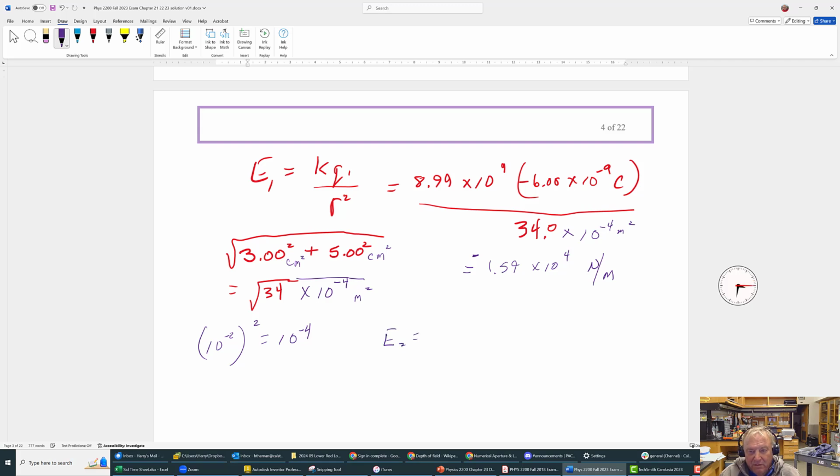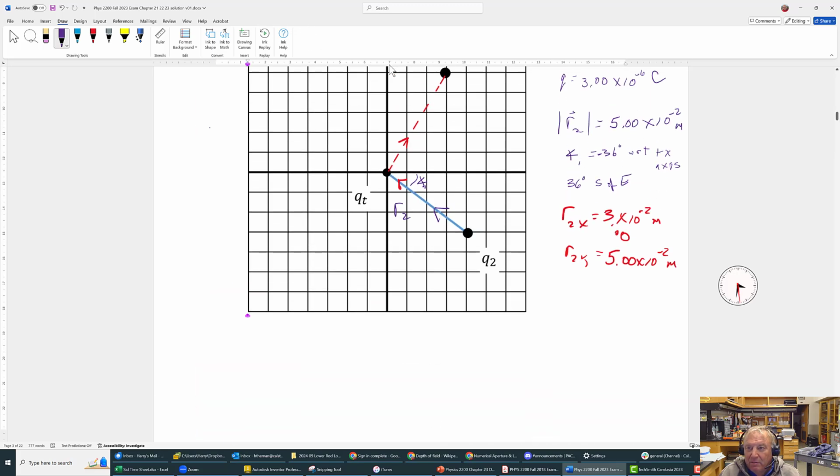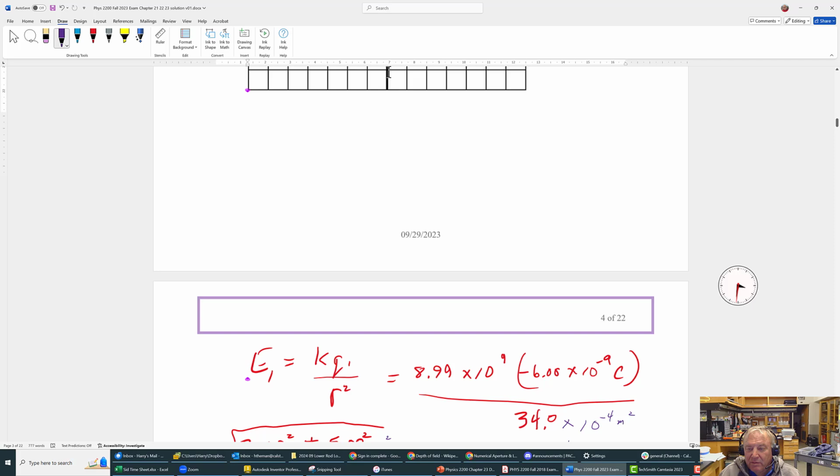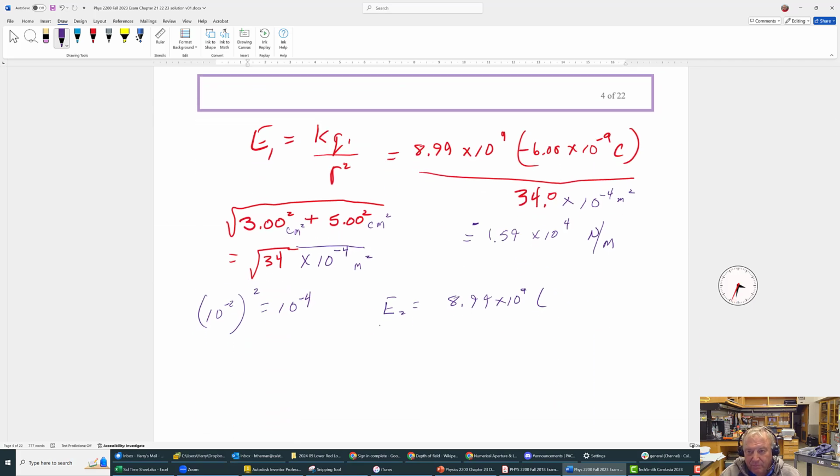And then the other one, E2 equals K, 8.99 times 10 to the 9th times whatever number of coulombs. This one is 3 times 10 to the minus 6. Three times 10 to the minus 6, 3.00, of course.